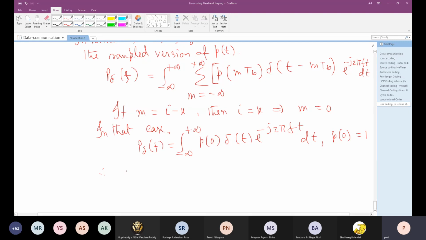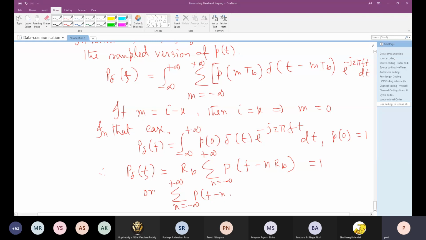P delta(f) can therefore be written as RB times the summation from n equal to minus infinity to plus infinity of P(f minus n RB), which is equal to 1. One by RB is equal to TB.